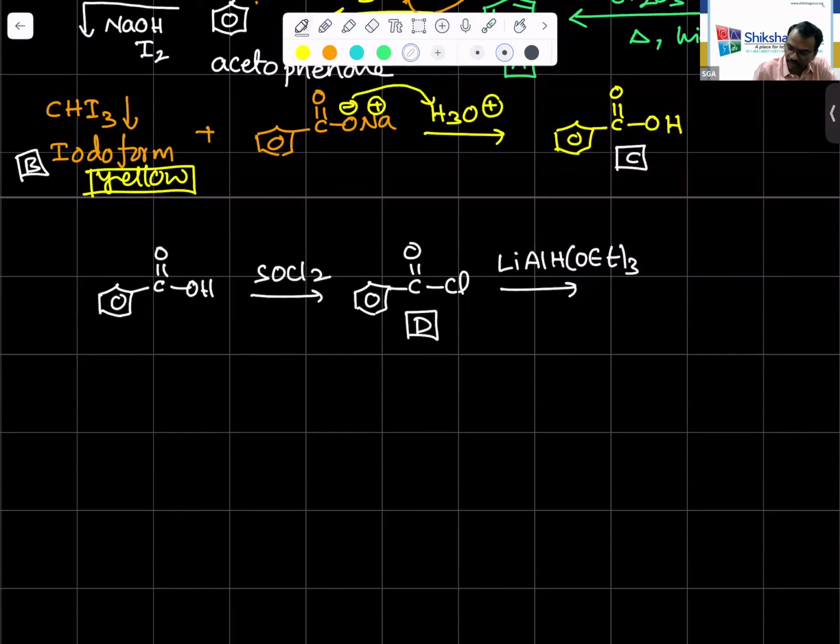It is lithium triethoxy aluminum hydride, a reducing agent. We can understand it like it releases H minus to this carbon. From this, the Cl group takes part in elimination. We are getting benzaldehyde. Here it is compound E.